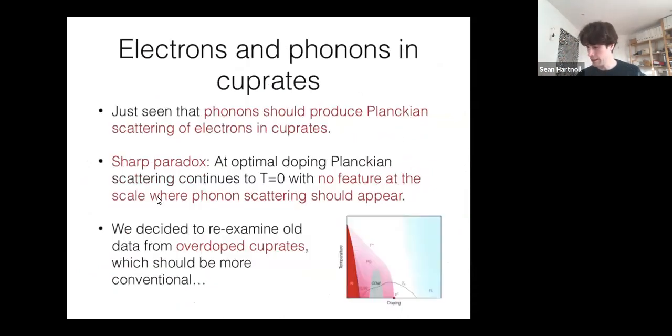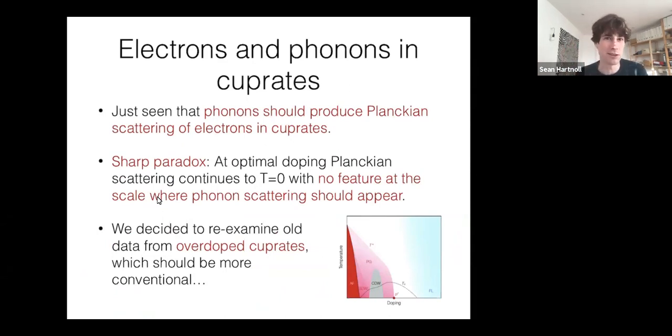So what I've been trying to tell you is that one should expect phonons to scatter electrons in a Planckian way in all metals. In cuprates, I have given you indirect evidence that they do.